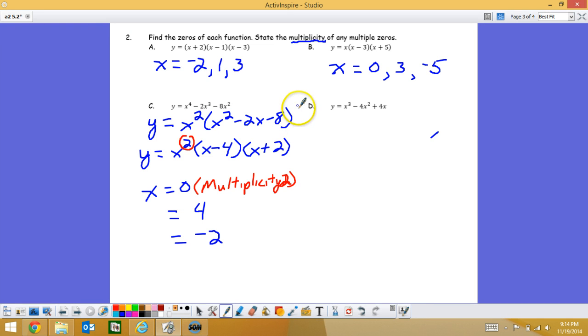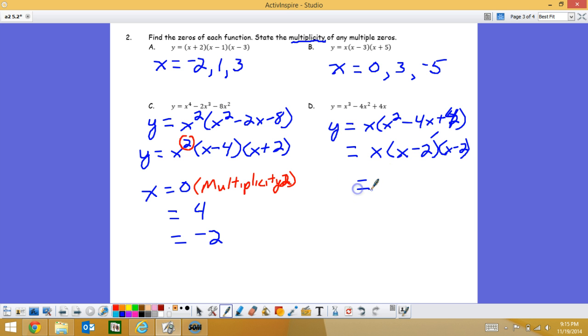And finally, in D, we're going to write that in factored form by first factoring out the greatest common factor. Factors, I'm sorry, that should be 4 there. Factors of 4 that add up to -4 are -2 and -2.